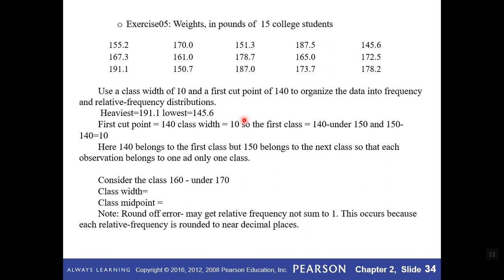The first cut point is 140, class width is 10, so the first class is 140 to 150. 140 definitely belongs to the first class, but 150 belongs to the next class. So the highest value of a particular class belongs to the next class. That's the difference. You will see this in the next few slides.